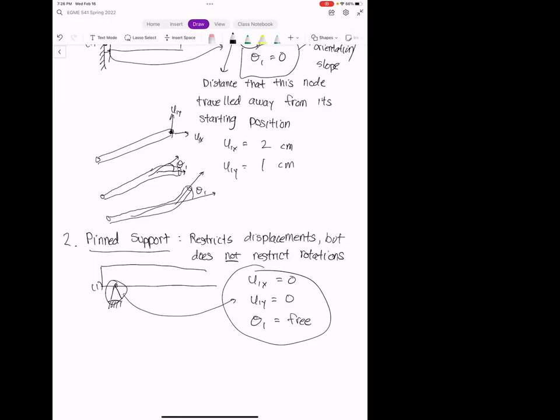And the way that you can physically interpret it, and I draw this wrong every single time, is that it's basically exactly like a pin. The pin should actually be in the center of the beam, so that it can actually rotate around that pin. But I never think about that, and so I always draw the pin support down underneath. But they mean the same thing. Okay.